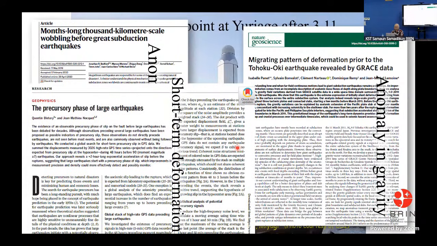And this is a very short-term deformation just before this earthquake, again by a French group. So the French groups are very active in looking for precursors of earthquakes. Also, I will talk about this paper next week.